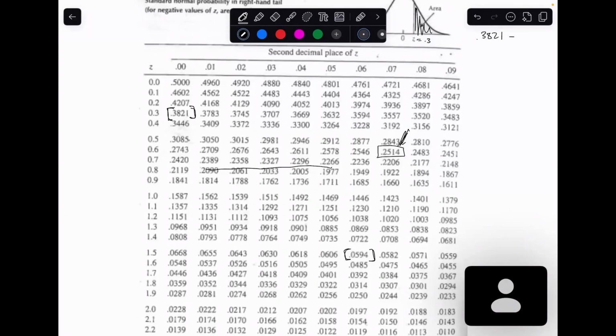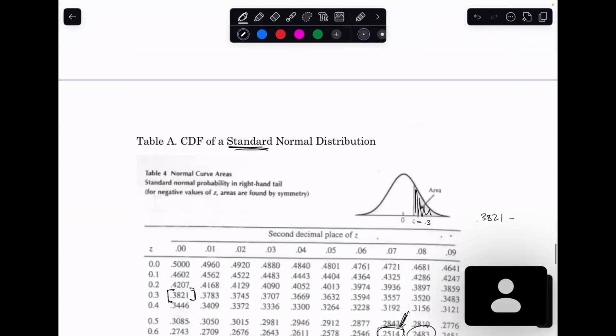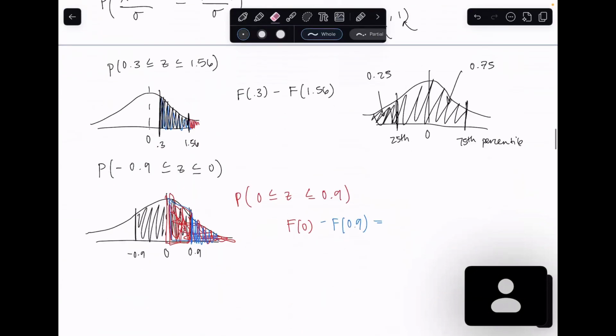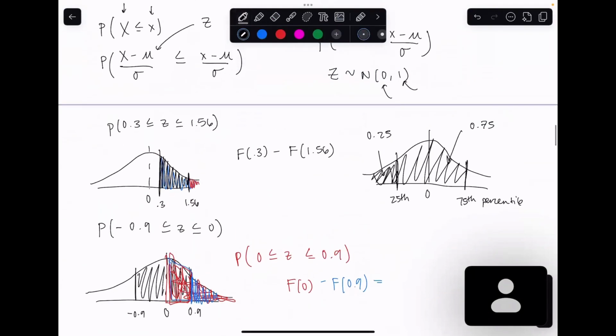I think this is 0.014 off and this is 0.017 off. So that's why. Okay. So now that we've done that, that is standard normal, and that's kind of how to use the table for you. Any questions on that?